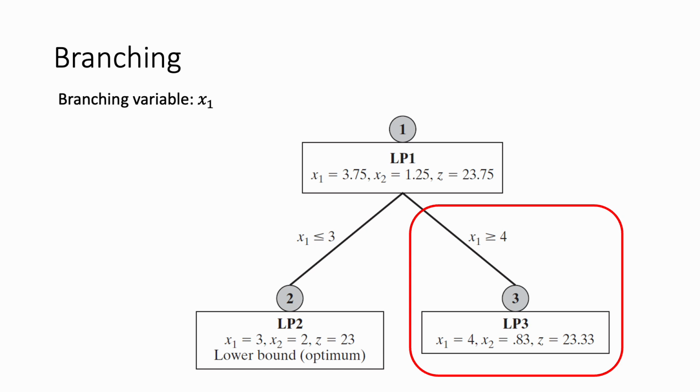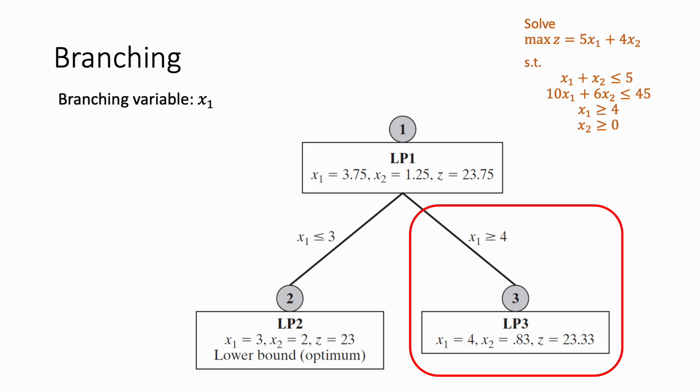Okay, now since the LP2 branch is already optimal, we can't do anything about it anymore, so we have to check the other side, or the LP3, which refers to x sub 1 greater than or equal to 4.